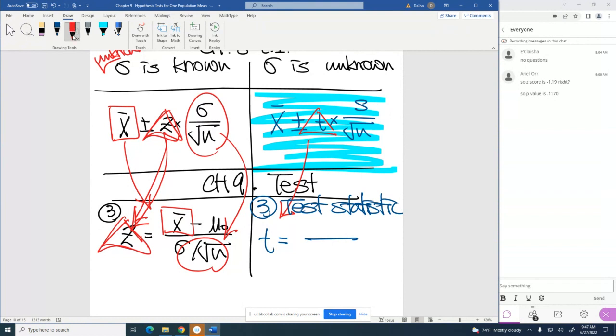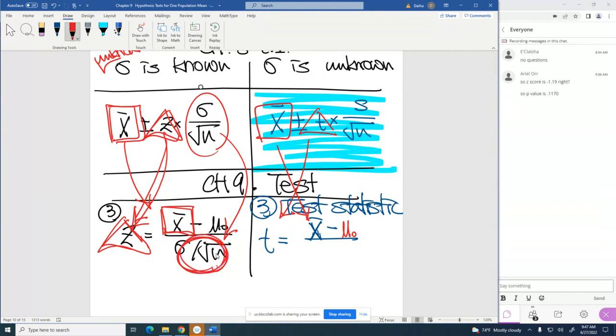In the numerator, X bar first, then mu 0. The mu 0 was step number 1, the null hypothesis, so we still have a mu 0 here.